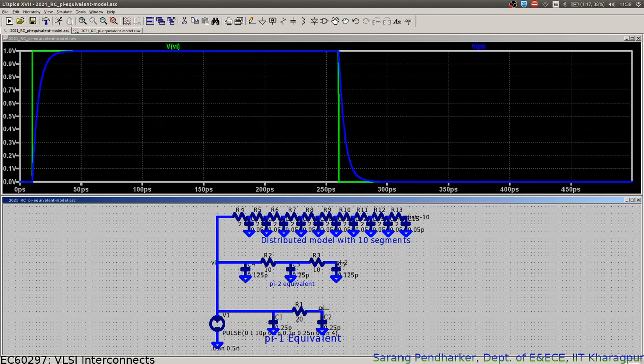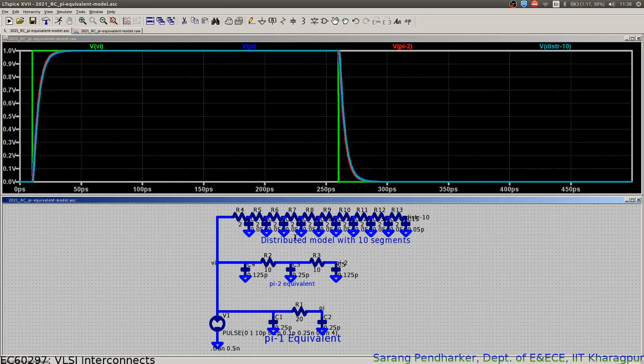So this is for the pi equivalent model. You can also have a lumped RC model that I have not included, which is very crude. And this is for the pi 2 equivalent model, and this is for a distributed model with 20 elements. So how many elements are there in the pi 2 equivalent model? 1, 2, 3, 4, 5.